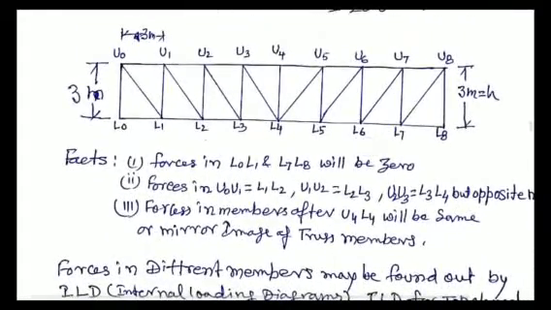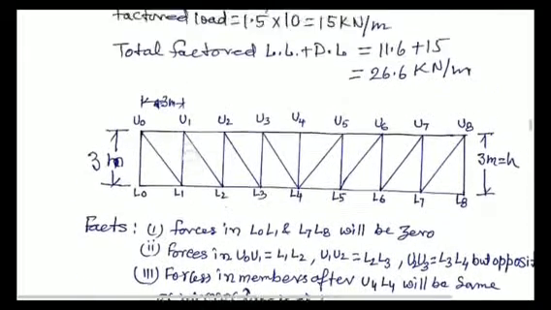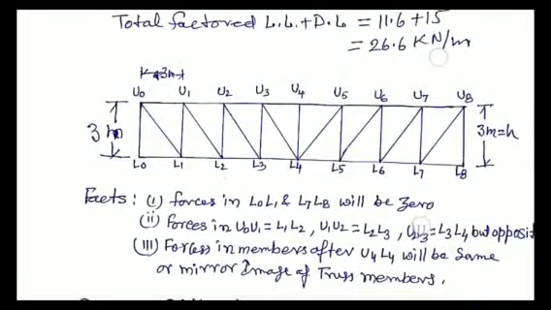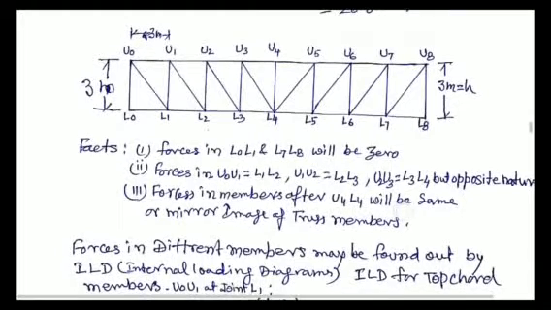Now you can see the lattice girder in side elevation, and the height of this lattice girder is 3 meter. These are the chord members, upper chord members, and these are bottom chord members, these are inclined members, and these are vertical members. Now calculate the forces in the members.